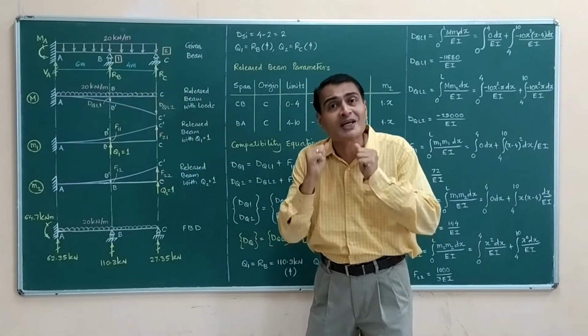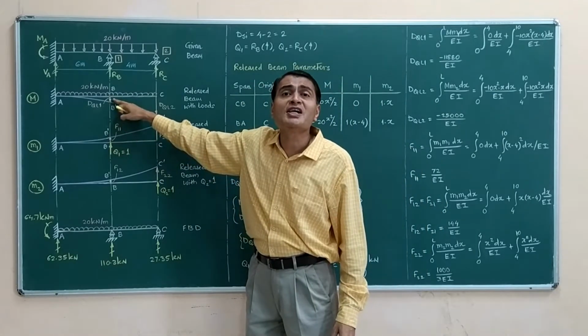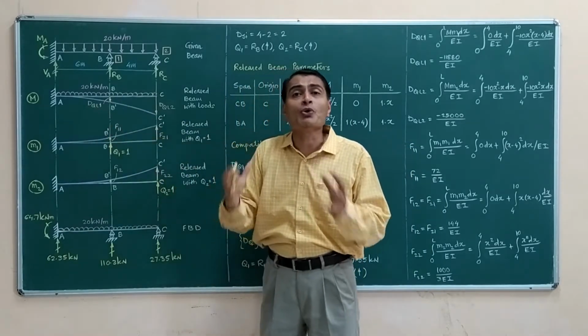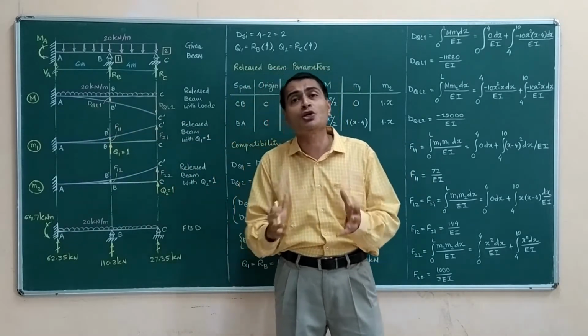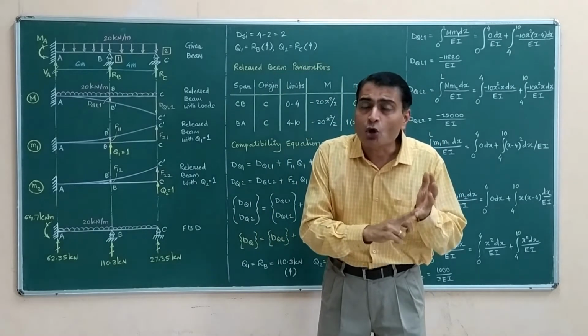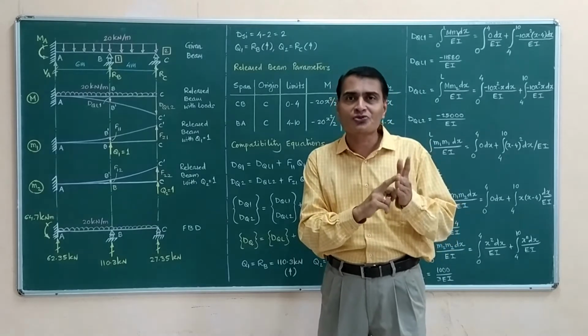Now about the notations. This particular vertical deflection I am calling as DQL1. What is the meaning of DQL1? It is displacement corresponding to Q1 because of loads.